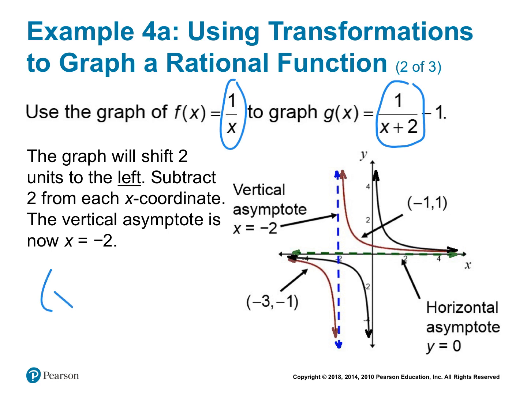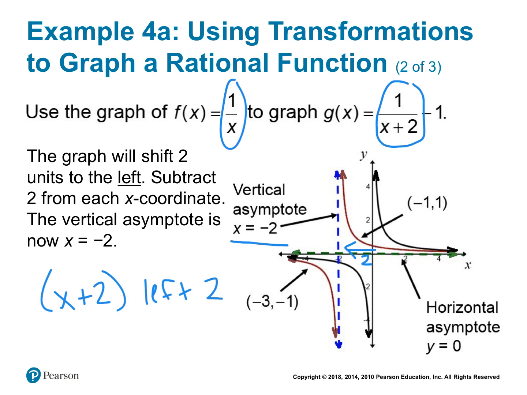If it was x plus 2, you had to go left 2. So you have to subtract 2 from each x coordinate. So our line was in the middle before, and now it went backwards to -2. So we shifted it backwards 2.